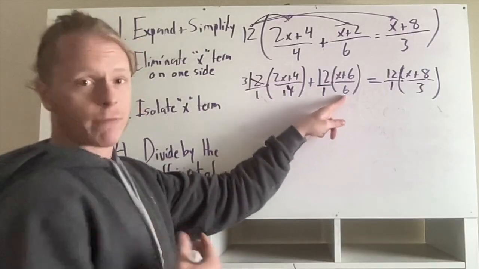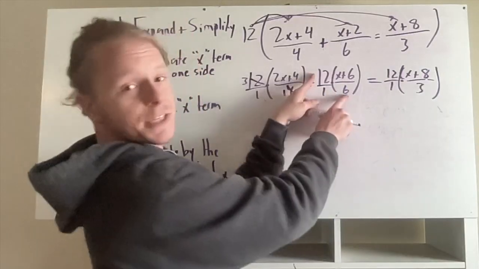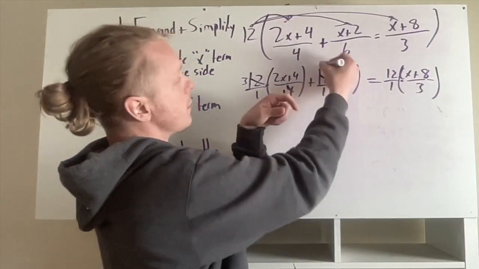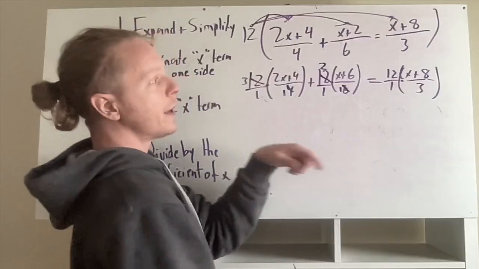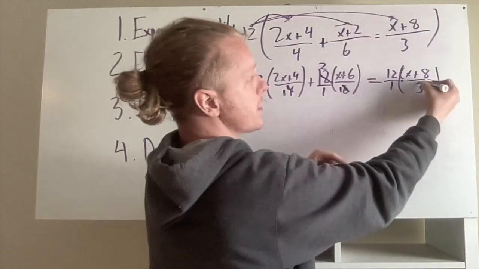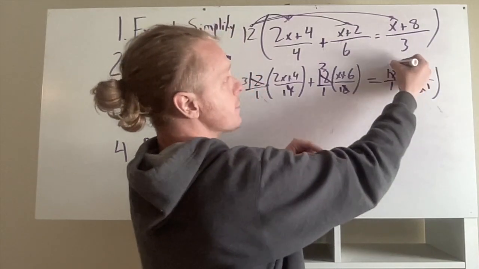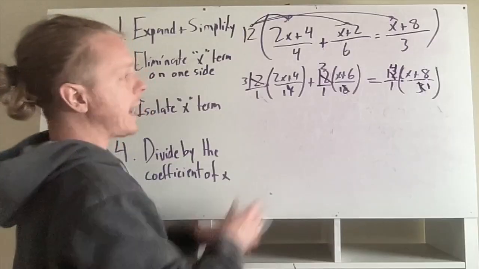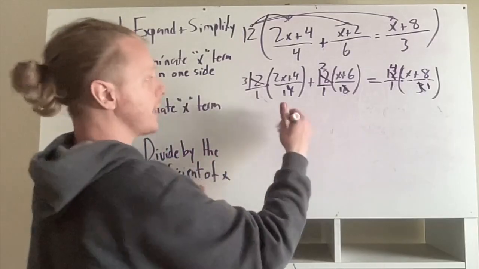We can do the same thing over here. 12 and 6, those are both 6 times tables. So this becomes a 1, this becomes a 2. And here as well, 3 and 12, those are both 3 times tables. 3 times 1, 3 times 4. Okay? So now let's go write out what's left.